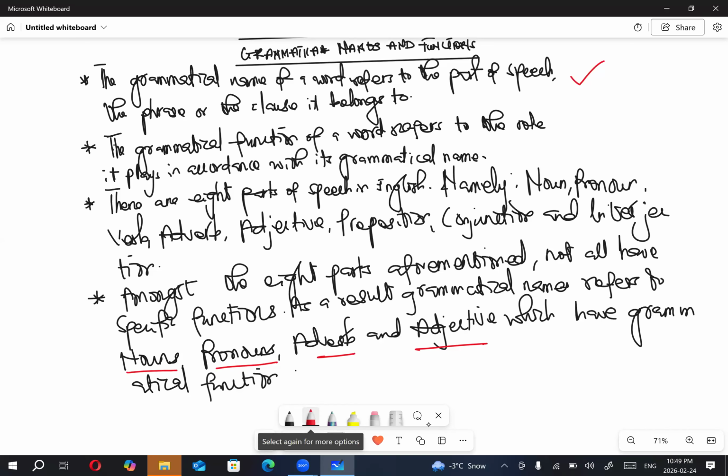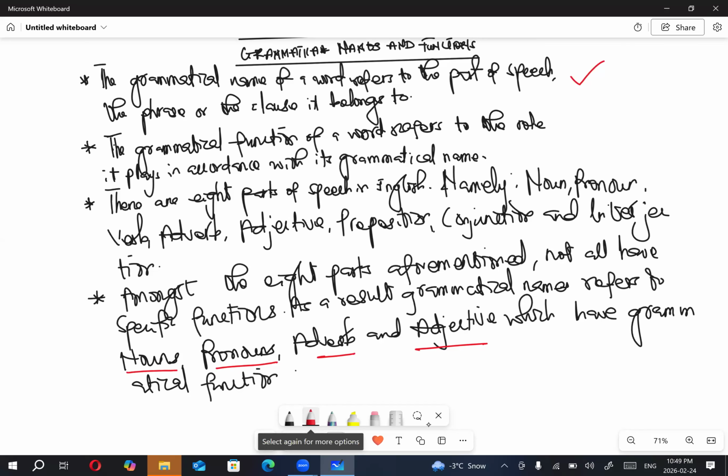Now, not all these 8 parts of speech have clear or established functions, okay? And these questions that are posed about a grammatical name are often continued with asking you what a grammatical function is, right?